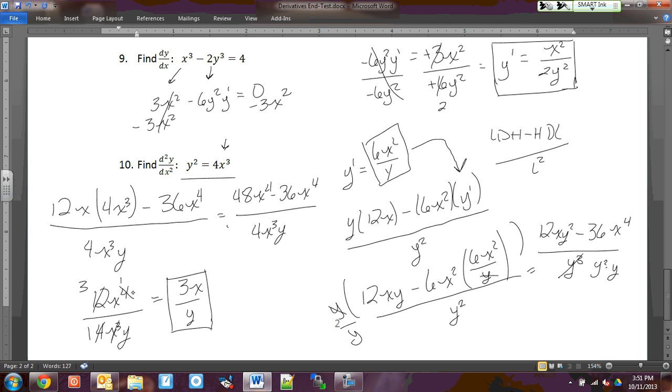So that's 12x to the fourth over 4x cubed y. The x cubed and the x to the fourth will cancel out to just x. The 12 and the 4 of course reduce down to 3. So final answer is 3x over y. Final answer.